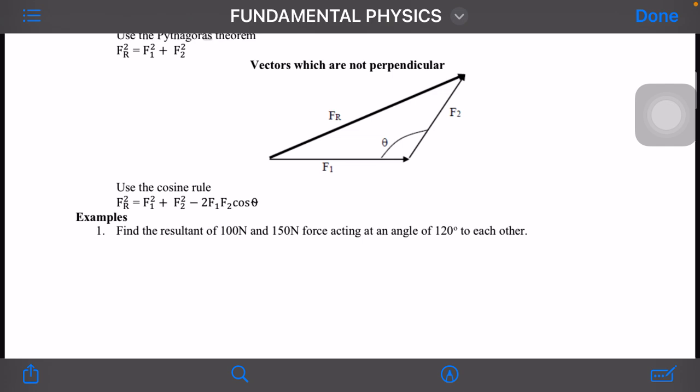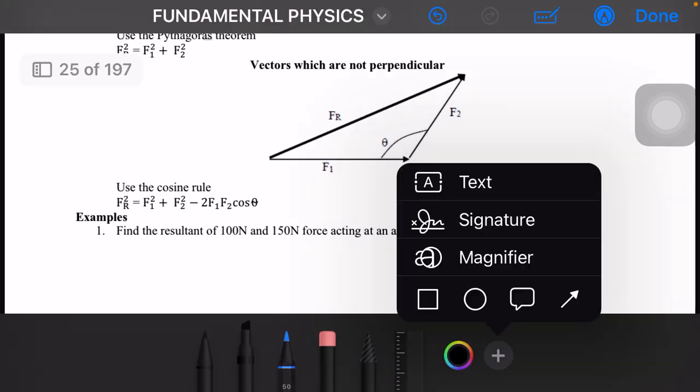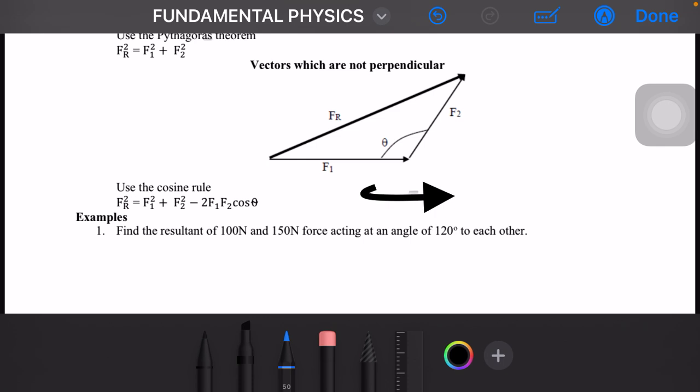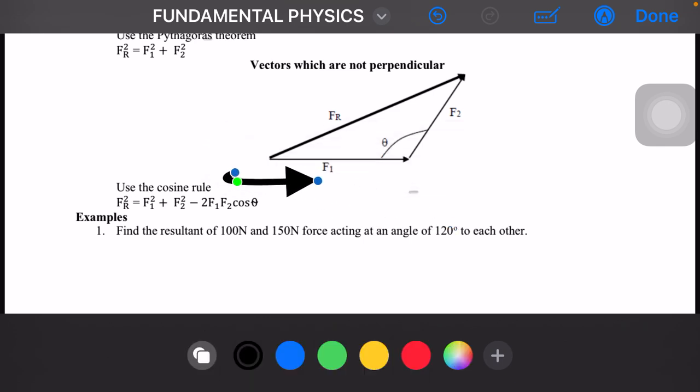Look at another concept, which is vectors which are not perpendicular to each other. What do we do? Since here we need to find this resultant force, and you have a vector 1 here and a vector 2 here, obviously these two vectors will form an angle, which is theta in this case.